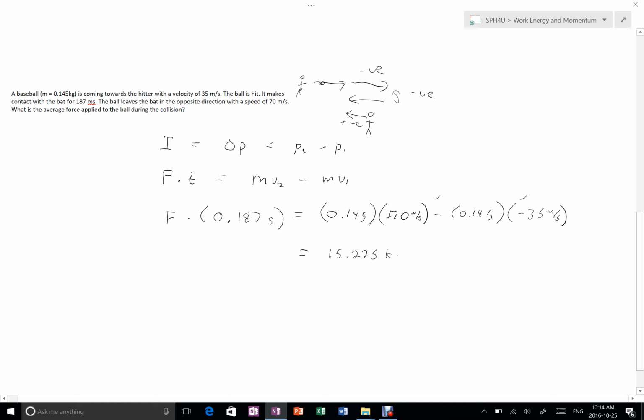So I get a total change of momentum of 15.225 kilogram meters per second, equal to my impulse. So I'll divide that 0.187 out of both sides.